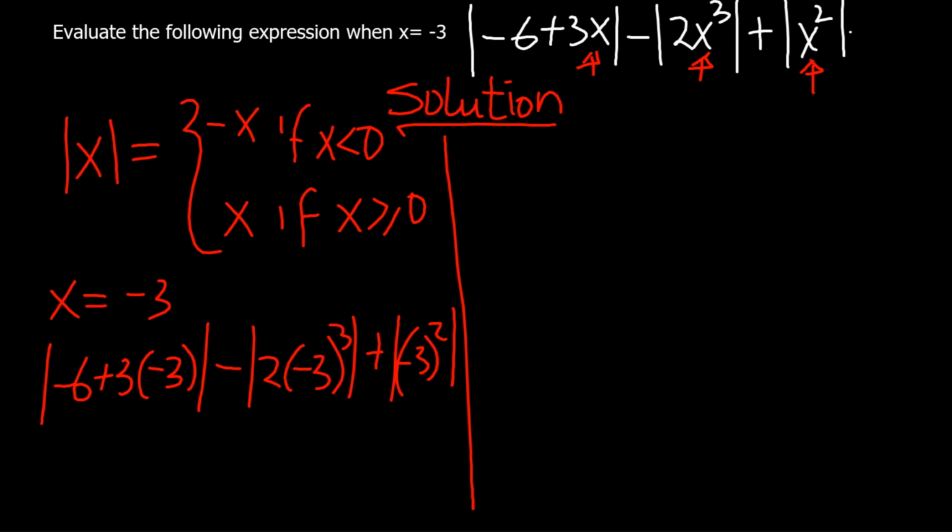We should first simplify all of them. We have the absolute value of -6, and 3 positive times minus is minus, so we have -9 over here. So we have minus the absolute value of 2 times (-3) cubed.